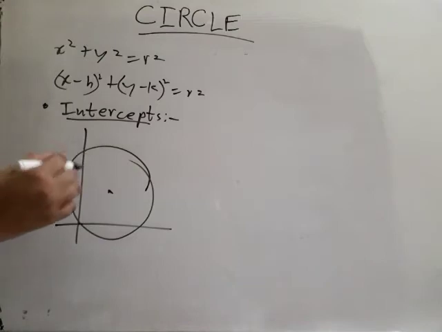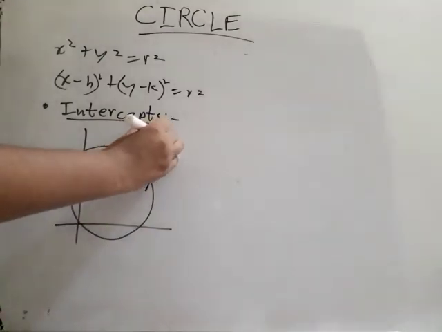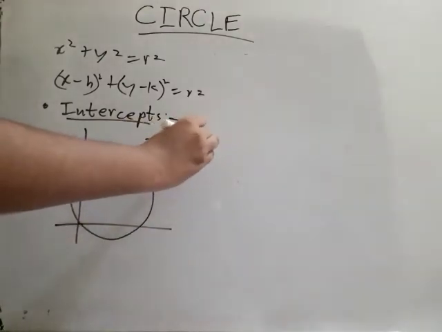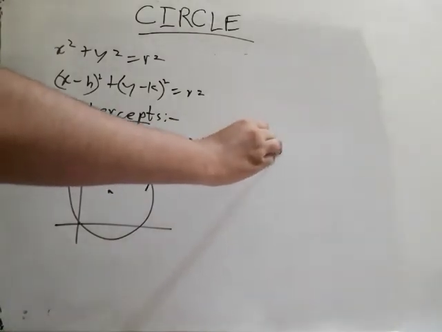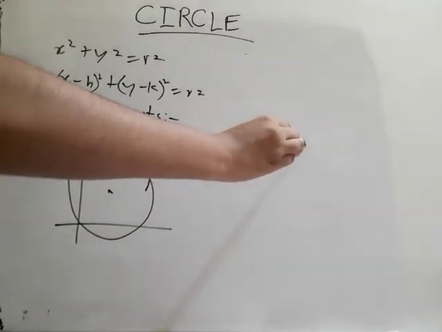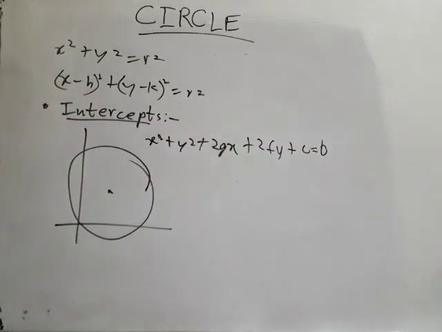Now suppose it has the equation x square plus y square plus 2gx plus 2fy plus c equal to 0.